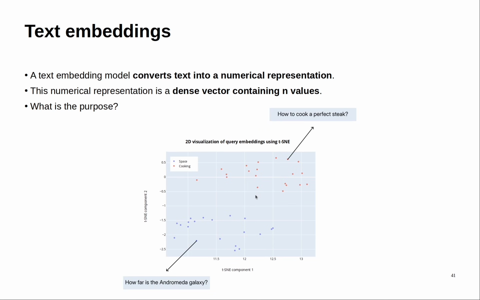Here is an example of one phrase from each cluster. In the space cluster, we have how far is the Andromeda galaxy, and in the cooking cluster, we have how to cook a perfect steak. Notice how these two sentences are far apart.